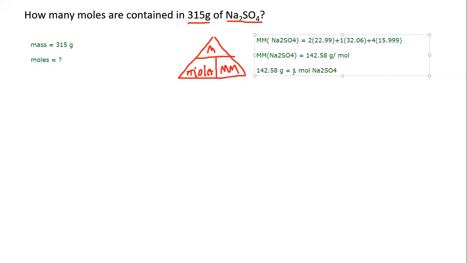So now we have the molar mass, we have the mass, we can draw a train track. And we can get the moles of our substance. Now take a note that 1 mole weighs 142.58 grams. If we have 315 grams, that's greater than 142, so our number of moles should be greater than 1.